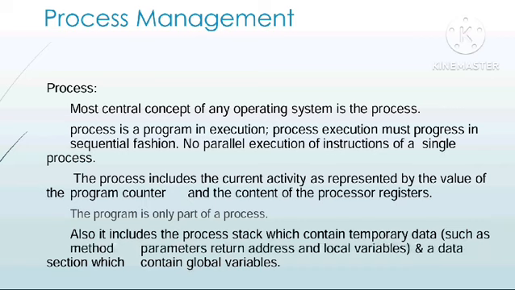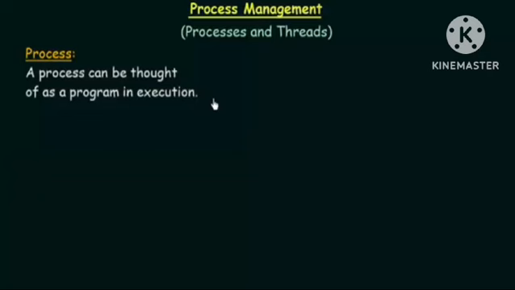In earlier computers, only one process or one program was supported at a time. But today's computers support multiple processes, multiple programs running at the same time. And even one single program can have many processes associated with it. So when a program begins its execution, it is known as a process.